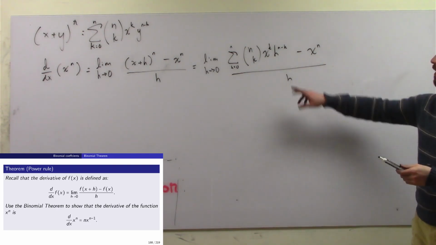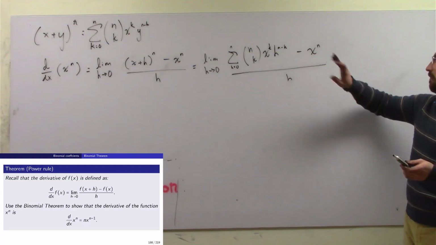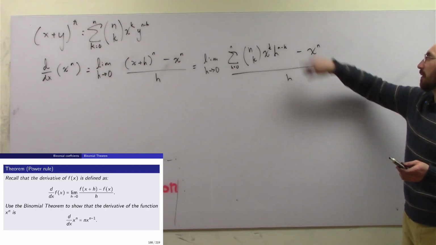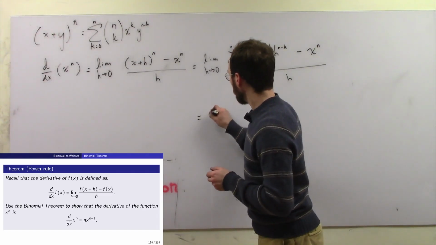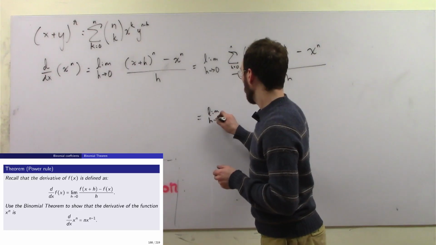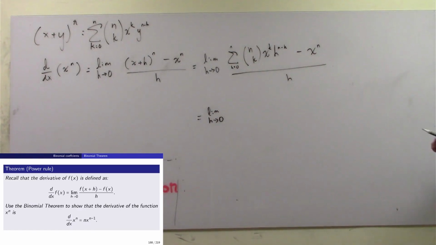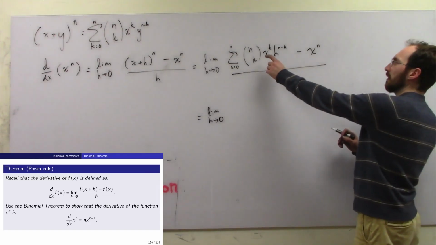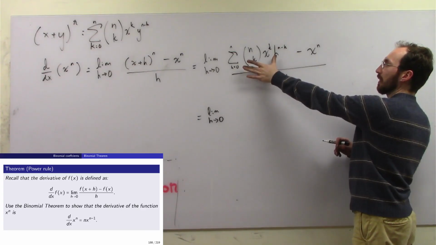So what that means is I want to get rid of this x to the n. I want this to go bye-bye. So let's see how we can make that happen.